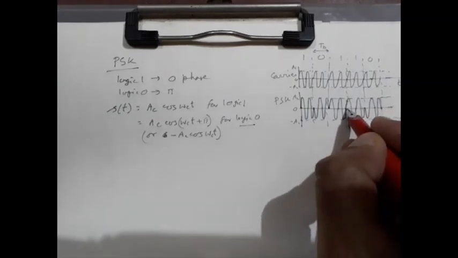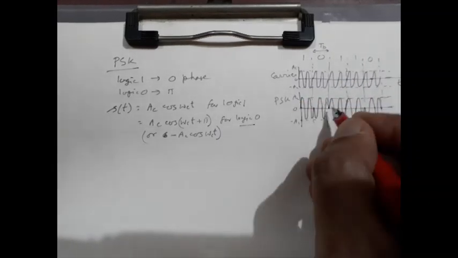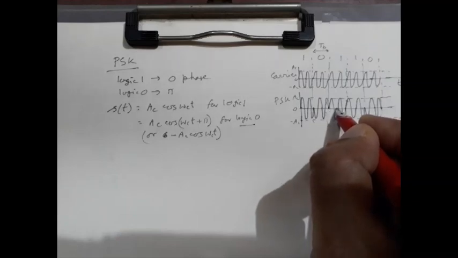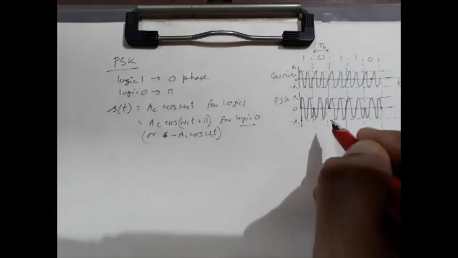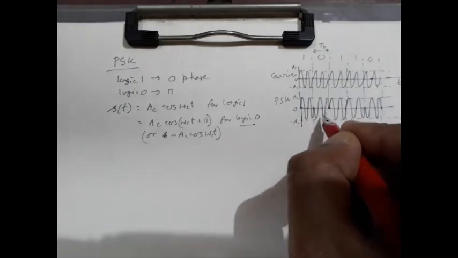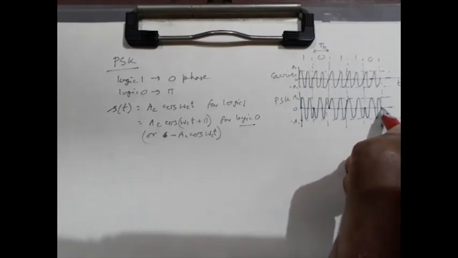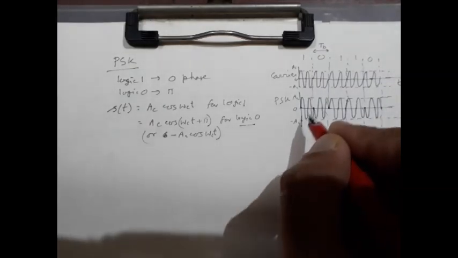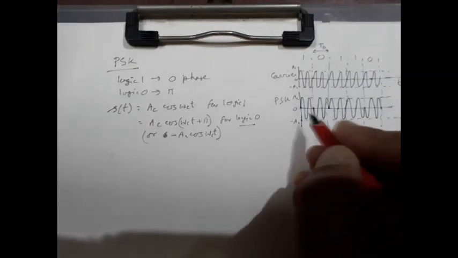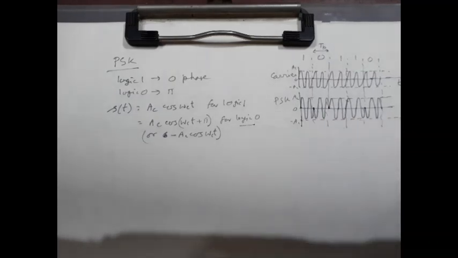There should not be any change in time period, but because of the problem of drawing, I have made a little change in the time period. Actually there should not be any change in time period, and there should not be any change in amplitude as well. The only change is in the phase. Whenever there is a change in the logic state, we have a phase change, and that phase change is abrupt, just at the time of transition. So this is the waveform for the PSK signal.